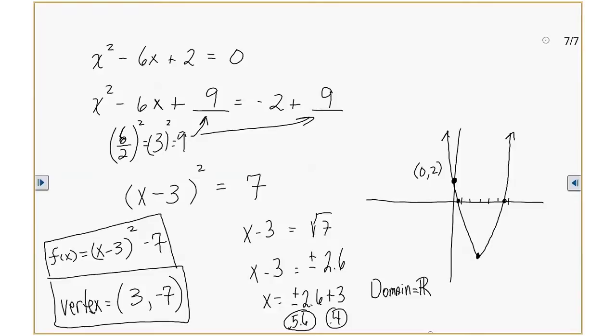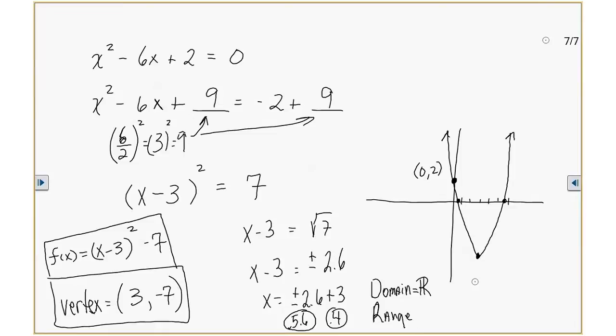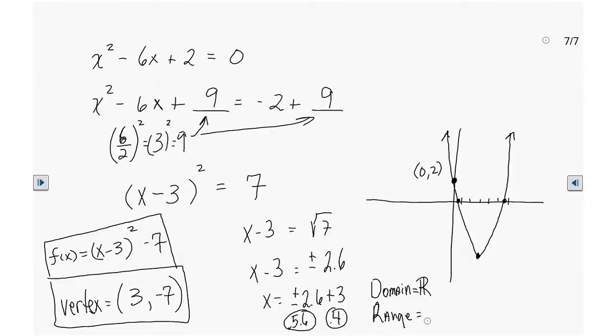And then I have affected the domain. 3 does not exist in your universe, -2 to +2. So that 1%, 99%, the domain for a quadratic is going to be all the numbers. The range. Range is from what? -7 to what? Infinity.